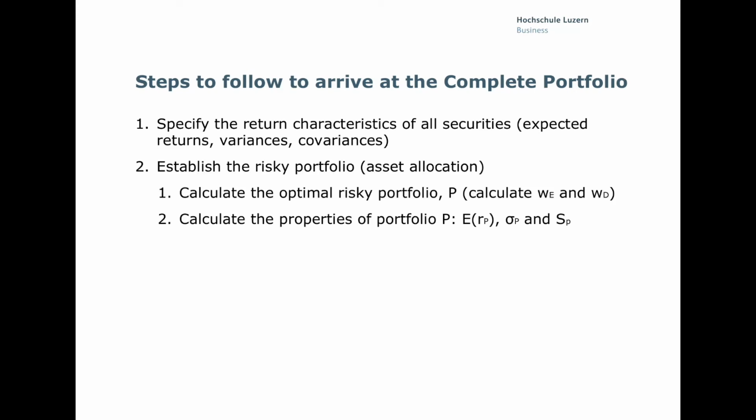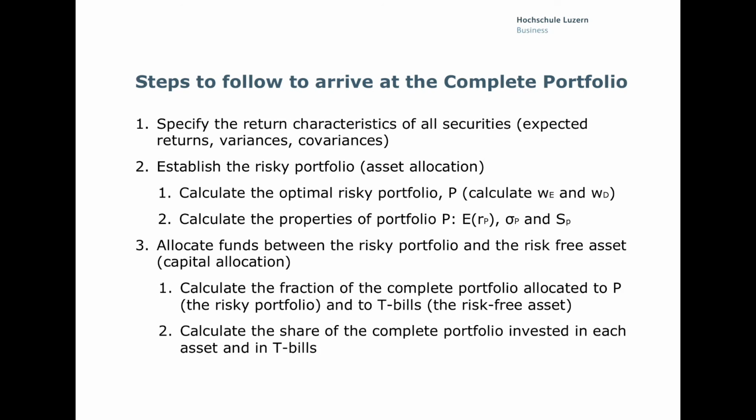Second, we established the risky portfolio by using the asset allocation theory. We calculated the optimal risky portfolio P and its weights for equity and debt, and we calculated the properties of the portfolio P by calculating the expected rate of return of the portfolio, its standard deviation, and its Sharpe ratio.